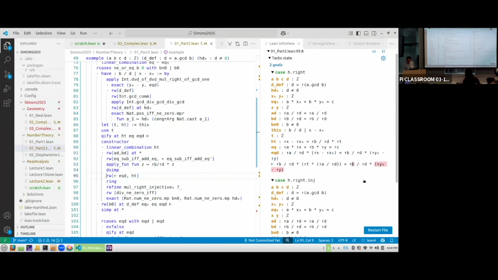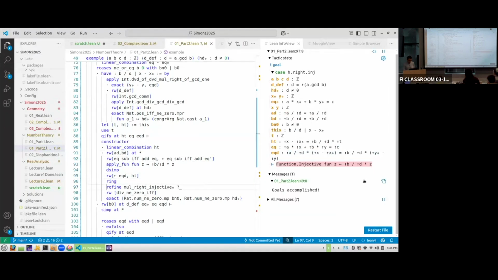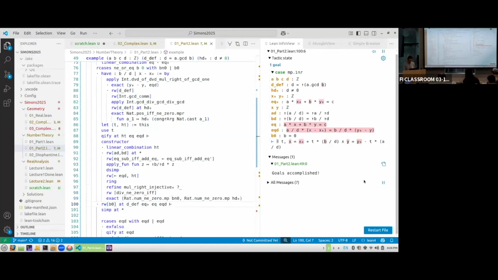And then at this point, we can substitute in the one and the other. And we use this apply fun. We need an injectivity. And we know that multiplication by a non-zero thing is injective. And so we use the proof of that.